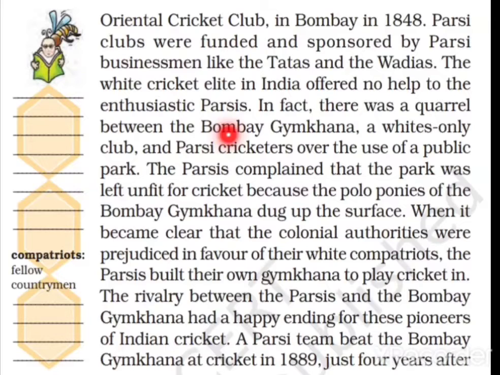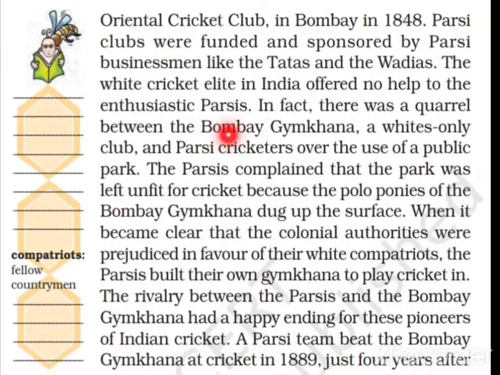When it became clear that the colonial authorities were prejudiced in favor of their white compatriots, the Parsis built their own gymkhana to play cricket in. Definitely, if they complained, who would listen? Because the authorities were favoring the white people only.